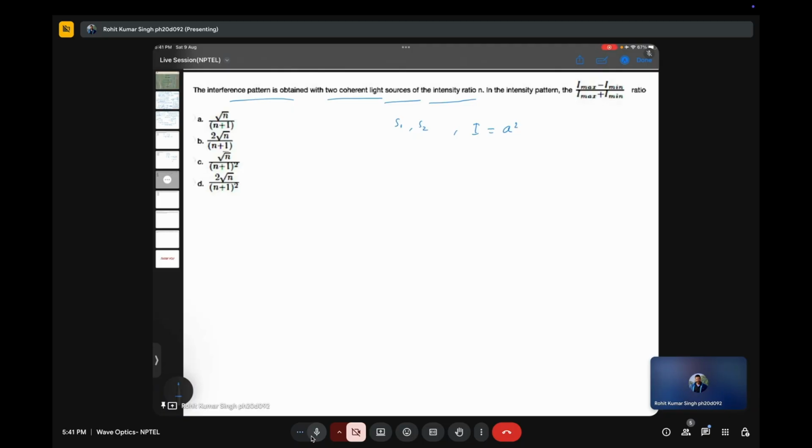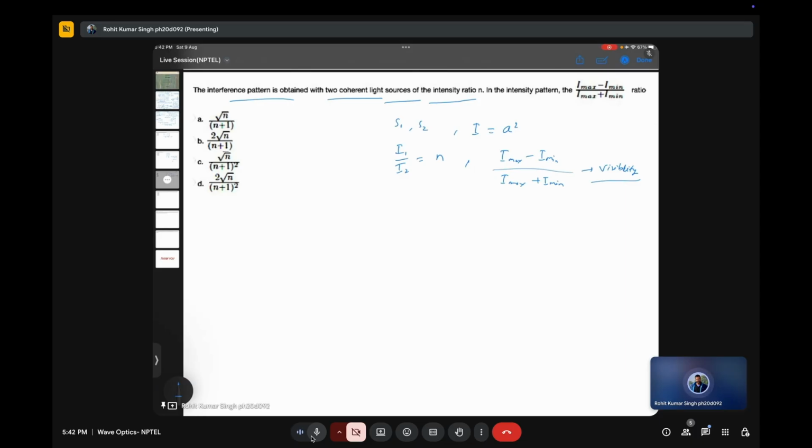And the ratio of these two, I1 by I2, is basically n. And what we want to calculate is I max minus I min divided by I max plus I min. This ratio is also called visibility.